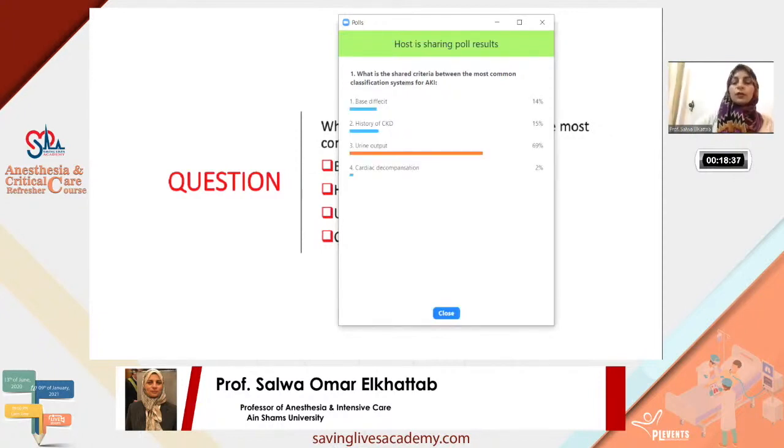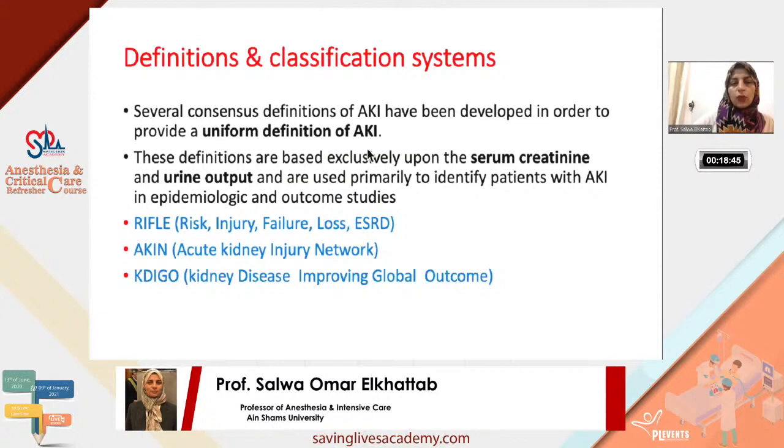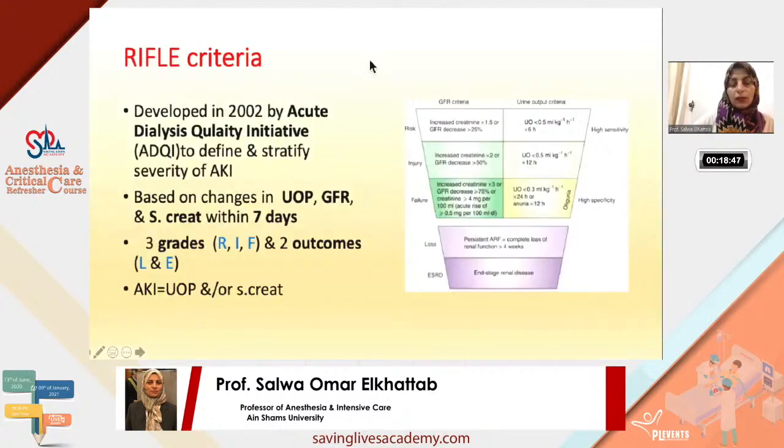Yes, agree, of course. As we will see soon, urine output is the most shared criteria. The change in the urine output is a very important criteria to identify and stratify patients with AKI. Let us start with the RIFLE criteria. RIFLE criteria were developed in 2002 by the Acute Dialysis Quality Initiative group, who aimed to find a unified definition for AKI.